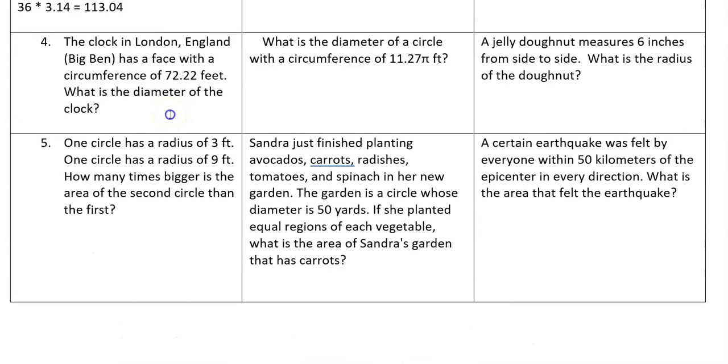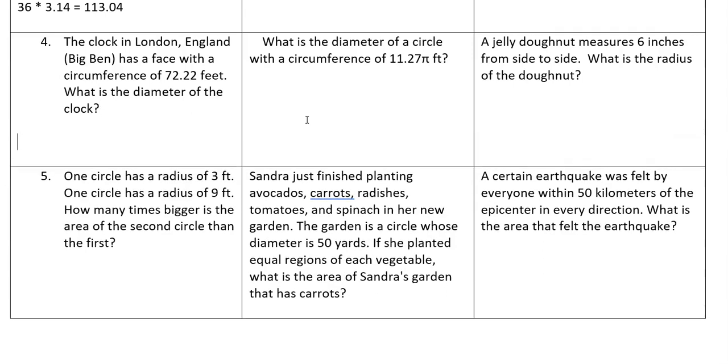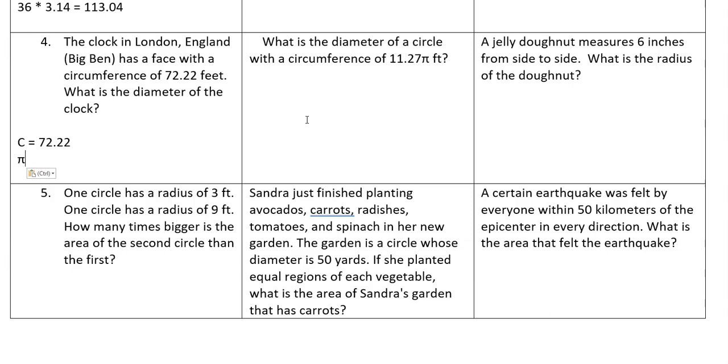The clock in London, England, known as Big Ben, has a face with a circumference of 72.22 feet. What is the diameter? Well, if we're given the circumference of 72.22 and we want the diameter, when I need a circumference, I'll just use pi d.